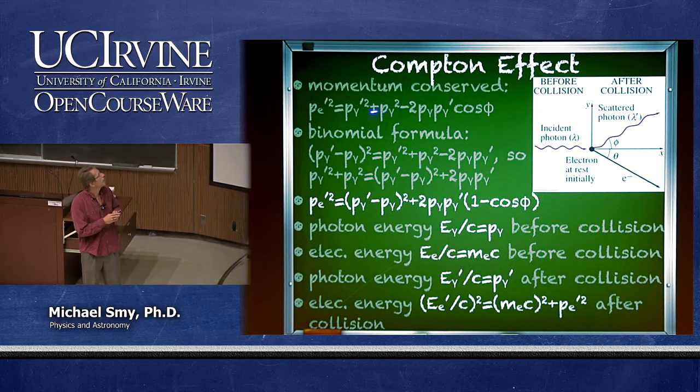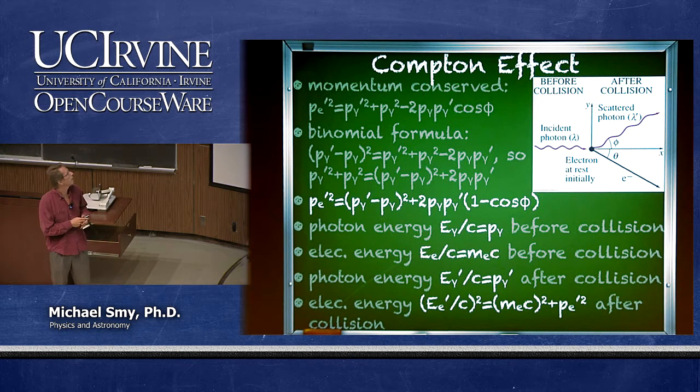So we can make this a little bit nicer by expressing this sum of those two momentum squares in a slightly different way. We observe that the binomial formulas give us this expression: p gamma prime minus p gamma, squared, equals p gamma prime square plus p gamma square minus the mixed term.